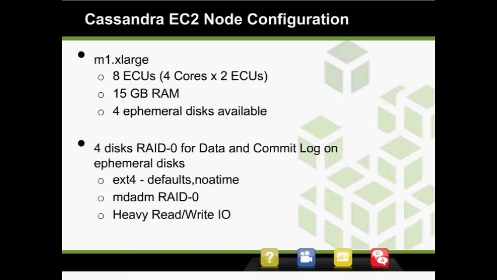If one of the disks fails, we actually fail the entire node, and we'll replace it in the Cassandra cluster. So we're not worried about high availability on the disks, because Cassandra's taking care of this for us at the application layer.